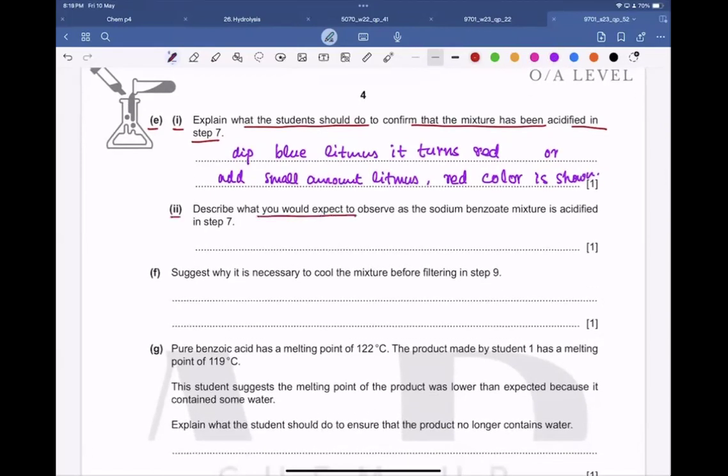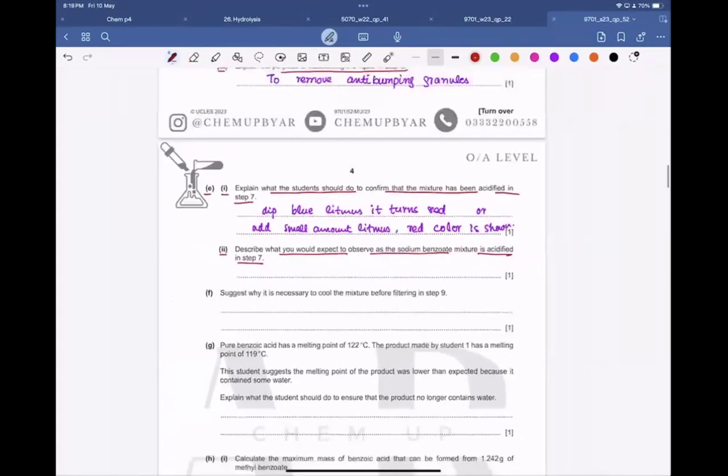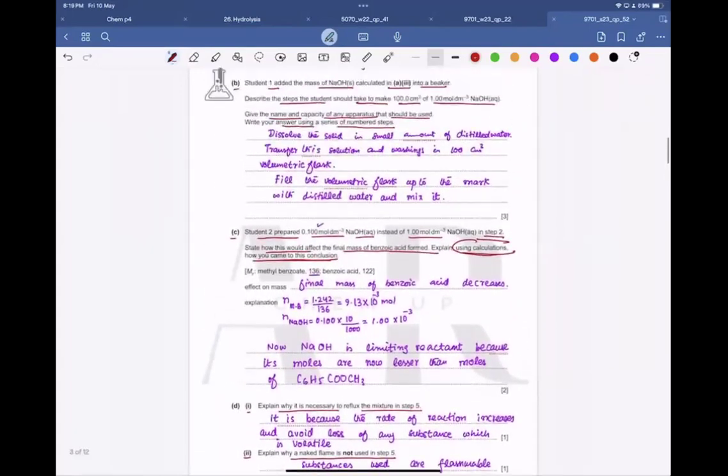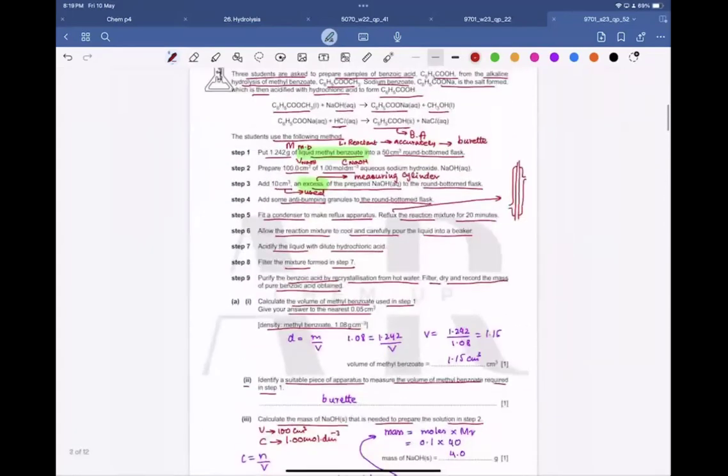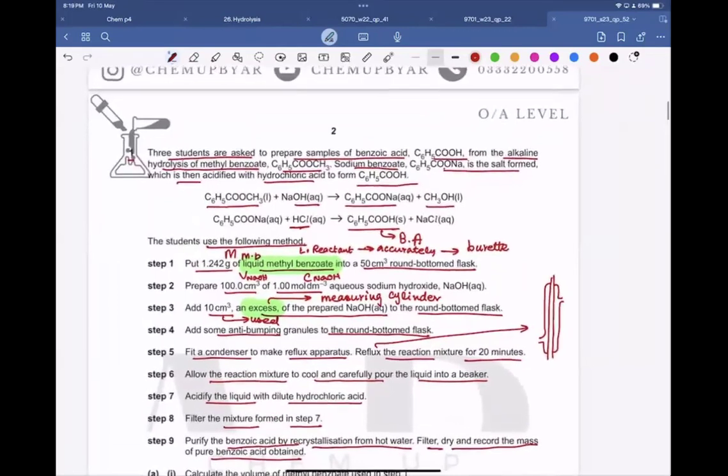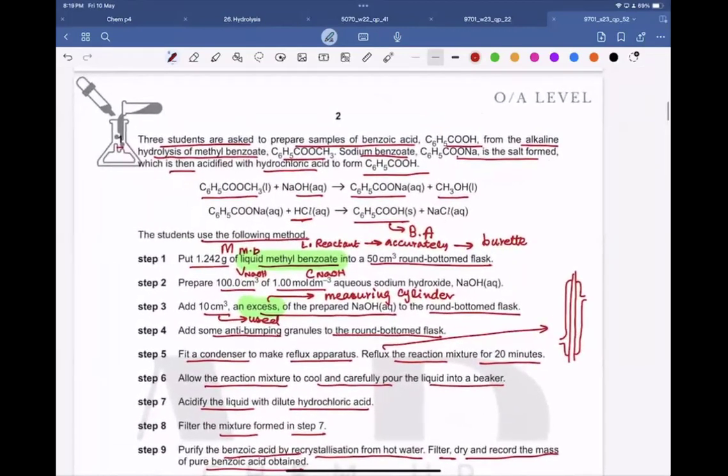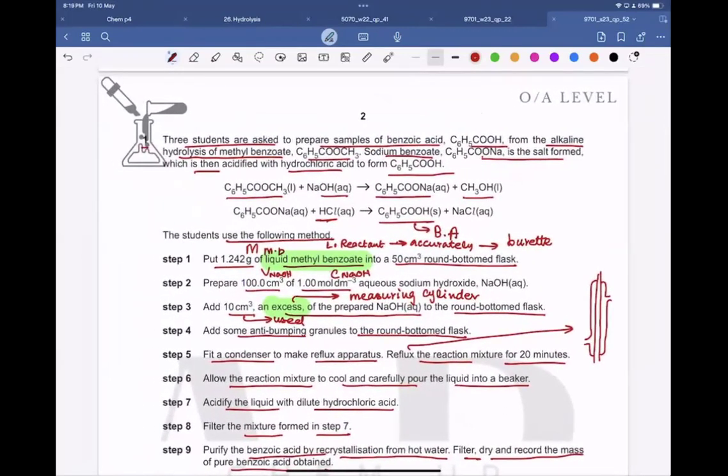Now, E2. Describe what you would expect to observe as the sodium benzoate mixture is acidified in step 7. Okay. So see over here, sodium benzoate is the salt formed, which is then acidified with hydrochloric acid to form benzoic acid.